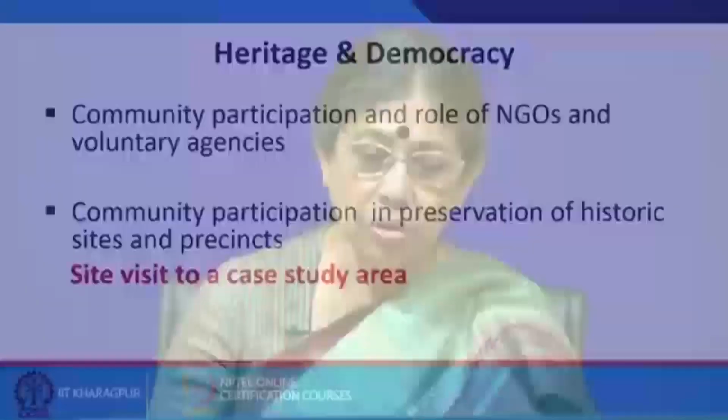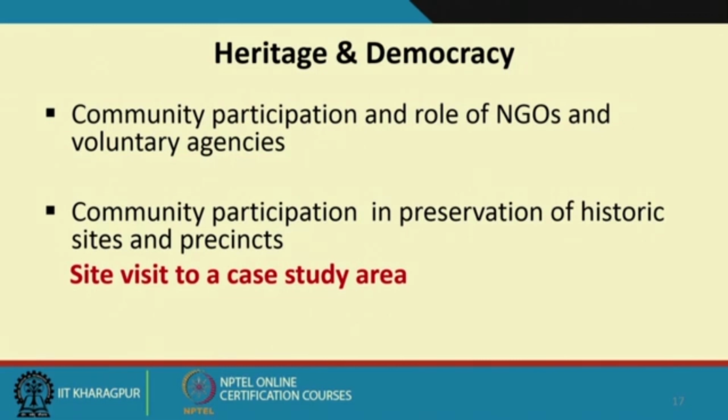If it is not there, then how do you include them, not only because the community is a caretaker of the heritage. So community participation and the role of NGOs and voluntary agencies are a very important part of heritage preservation.